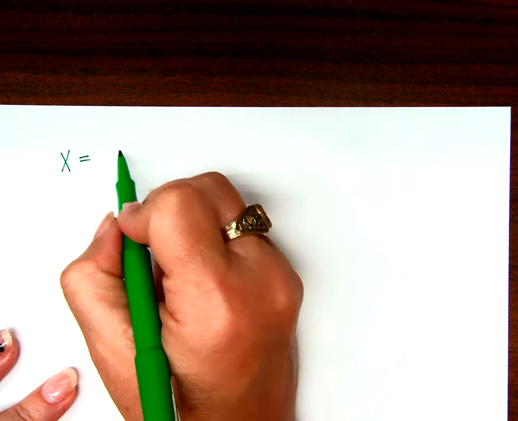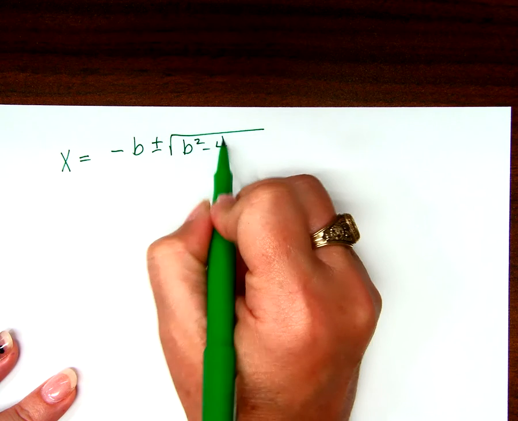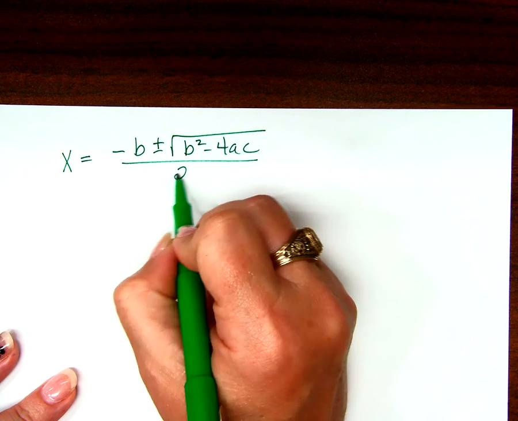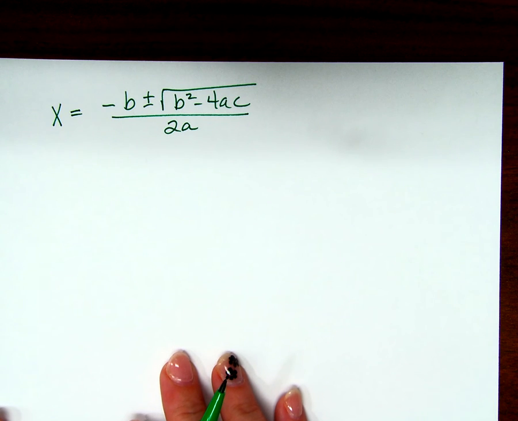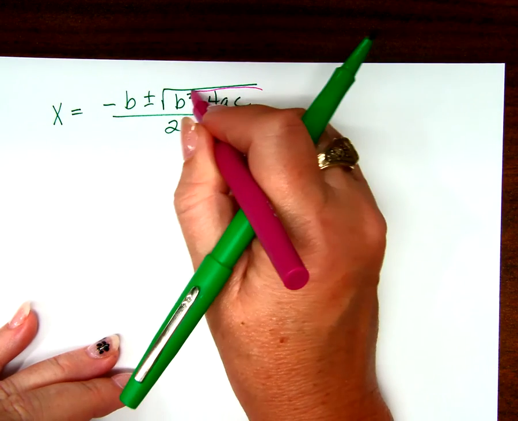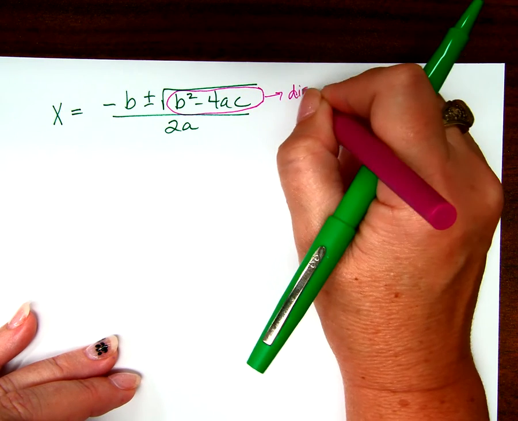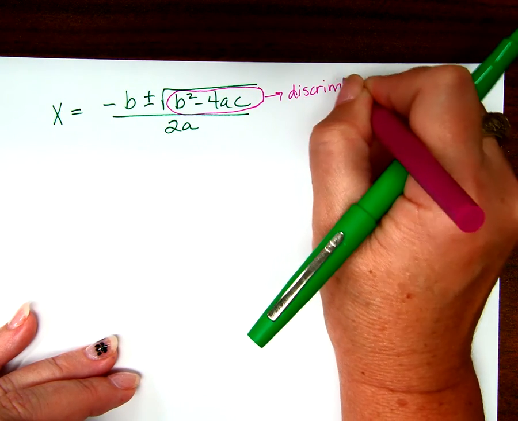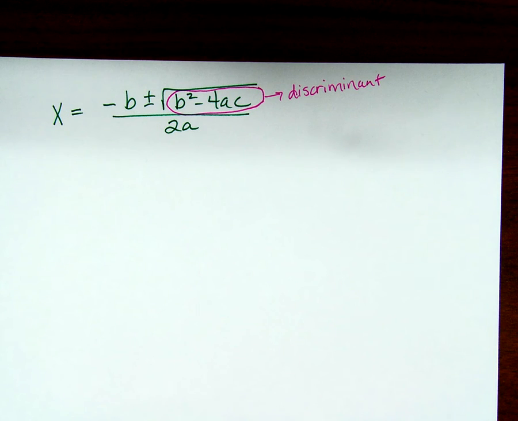X equals negative b plus or minus the square root of b squared minus 4ac all over 2a. Do you remember what the discriminant is? Yep, it's right there. That's the discriminant. It doesn't include the square root. It's just the thing that's inside the square root.